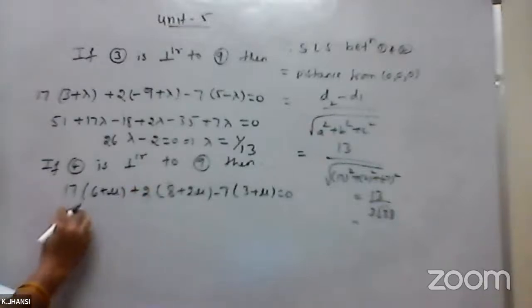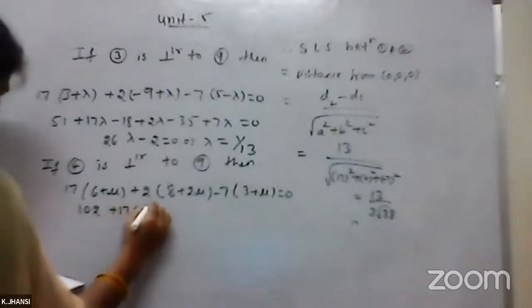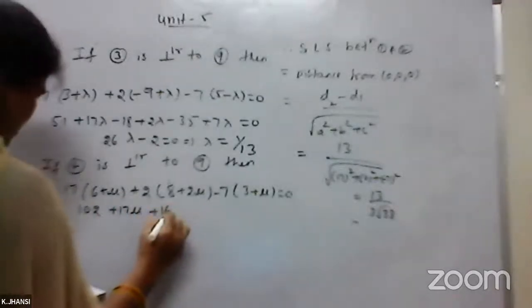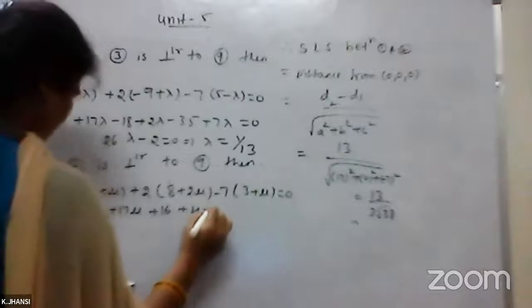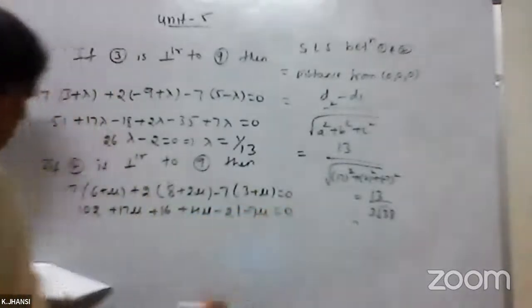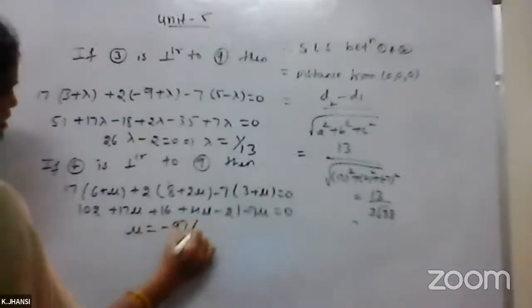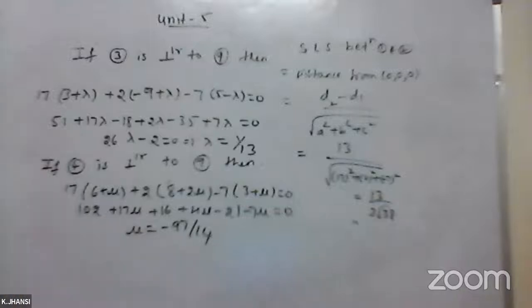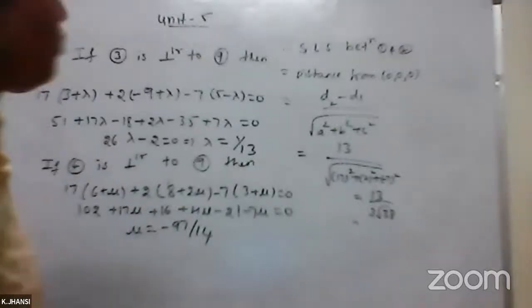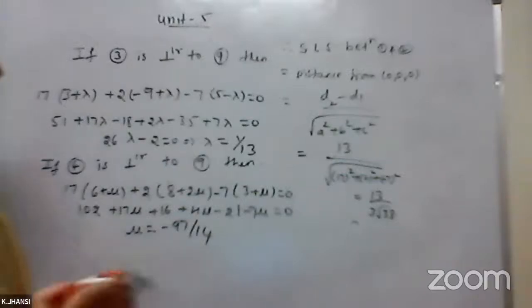If you simplify this, 17 into 6 is 102 plus 17 mu plus 16 plus 4 mu minus 21 minus 7 mu equals 0. So you will get the mu value as minus 97 by 14. You can do the calculations. Now we got the lambda and mu values. If you substitute these lambda and mu values in the third and fourth equations, you will get the equations. That is the conclusion of the problem.